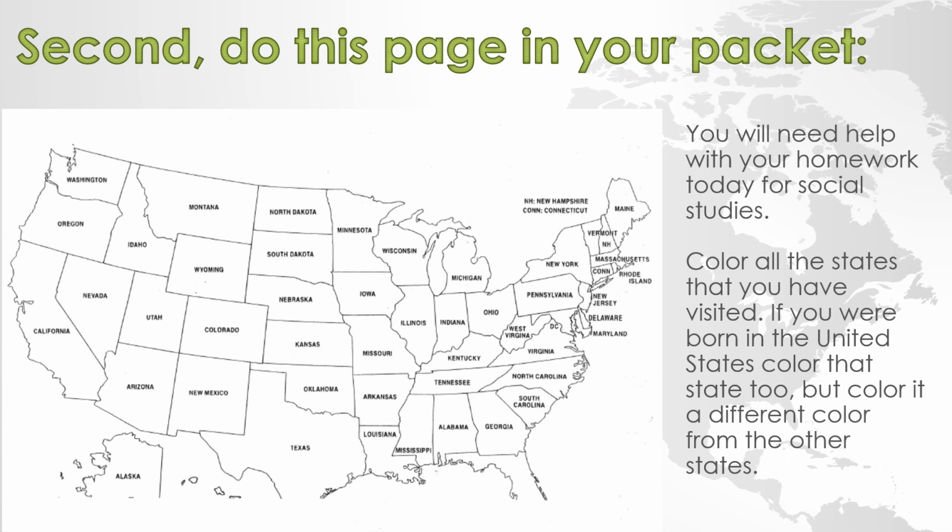And if you were born in the United States, color that state too, but I want it to be a different color from the other states. So if you were born in California, you might color that one yellow, and all the other ones you visited, you might color blue or red, okay?